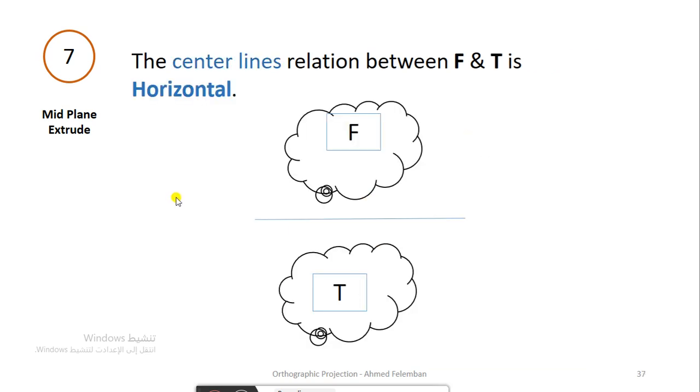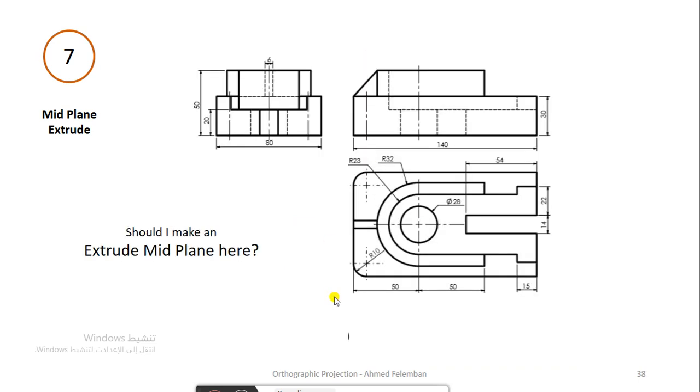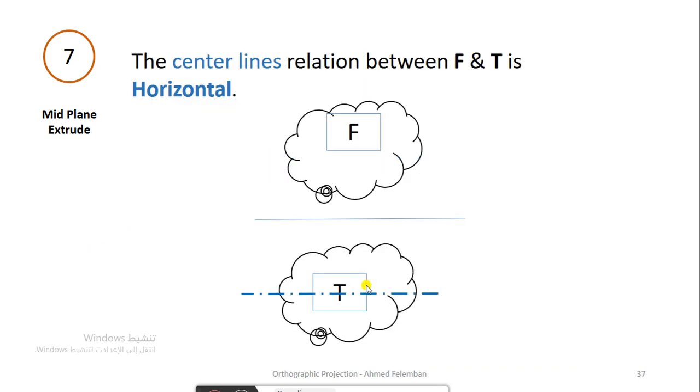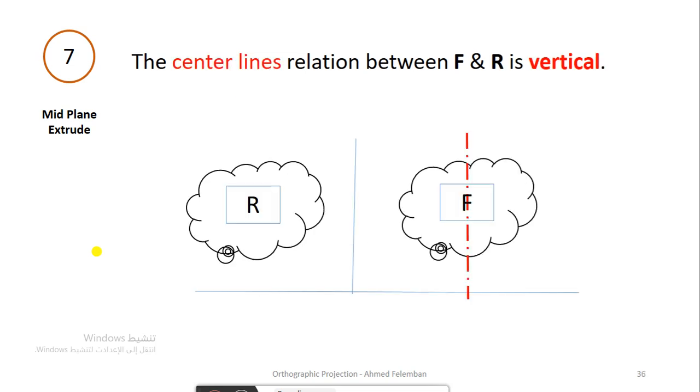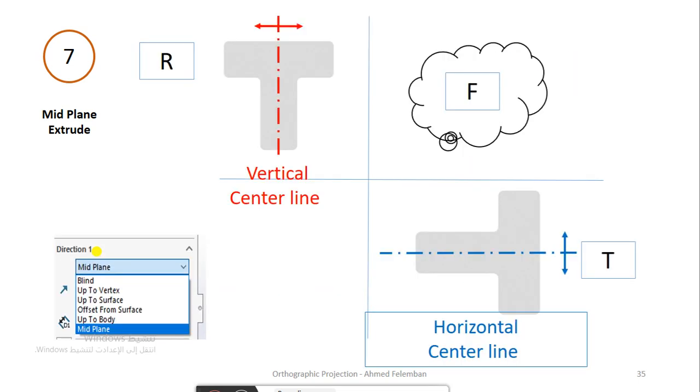And from the top, the center line has to be horizontal, as you can see. It's the same thing. You have to draw a center line for the top, horizontal. And if you have a right, you have to make the center line vertical.